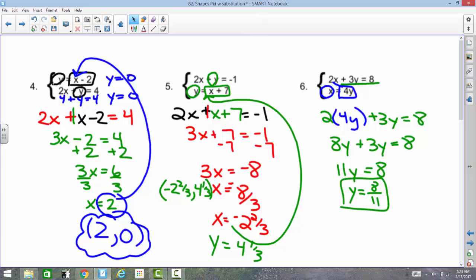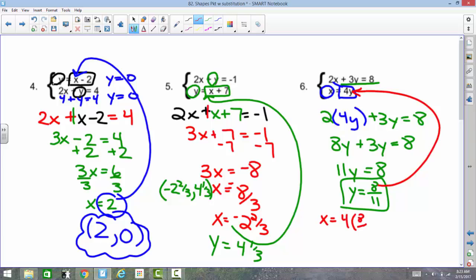Another funky fraction. So you're going to plug that in for y. So x equals 4 times 8 over 11. That's 32 over 11. So that would be 2 10/11. So your ordered pair solution is 8/11 and then 2 10/11.